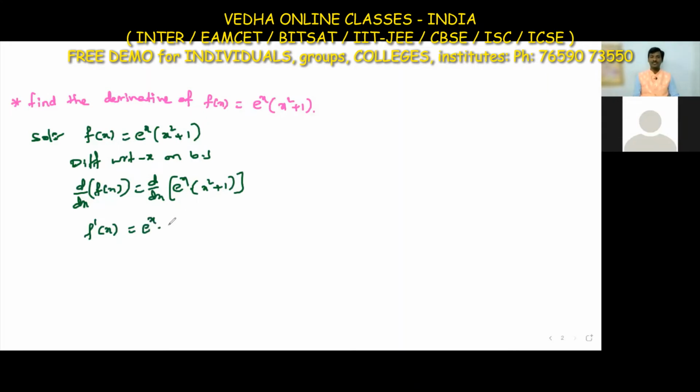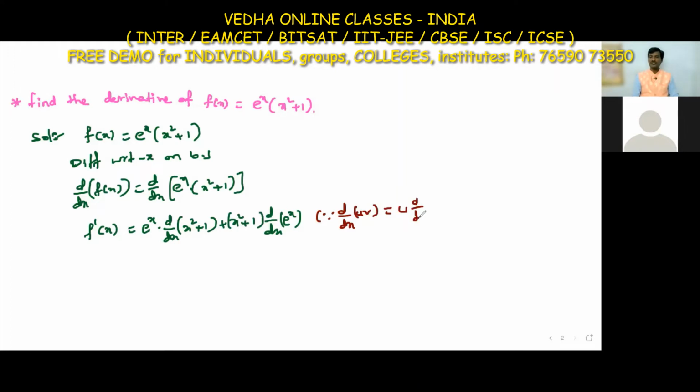E power x is outside and d by dx of x square plus 1, and x square plus 1 is outside and d by dx of e to the power x. So what is the formula here? D by dx of uv is equals to, what is the formula?